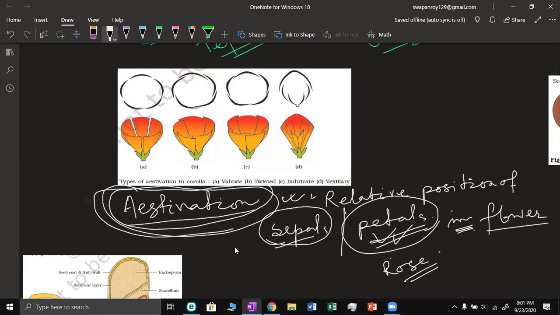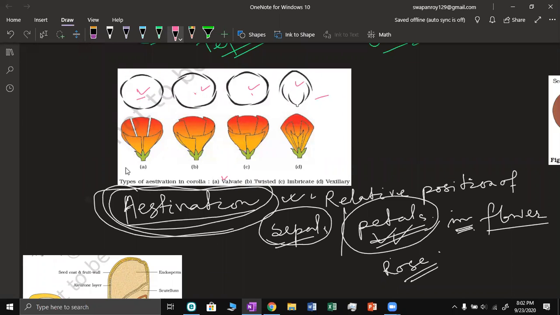This is mainly visible clearly in the bud of a flower. There are four main types of estivation. First one is the valvate, twisted, imbricate, and vexillary.